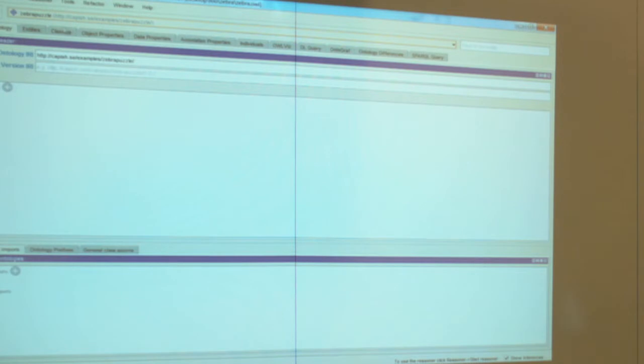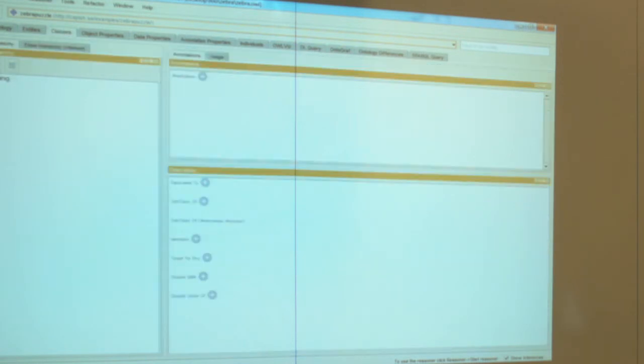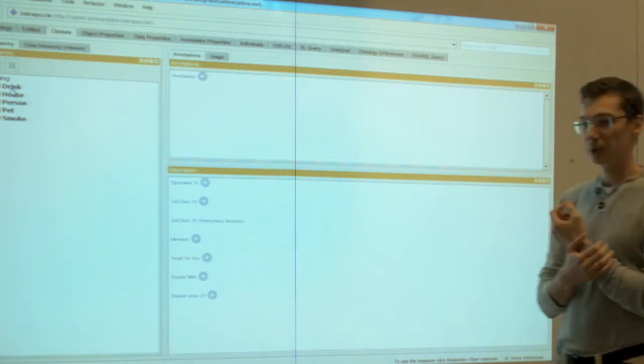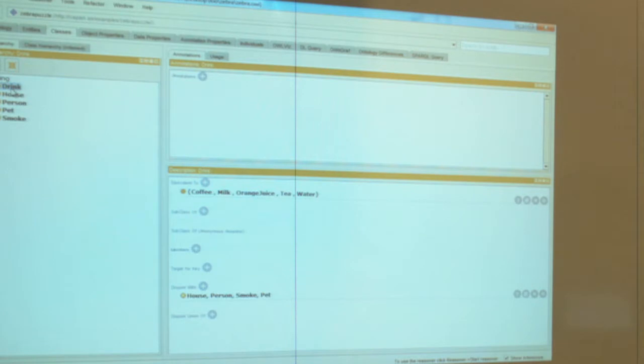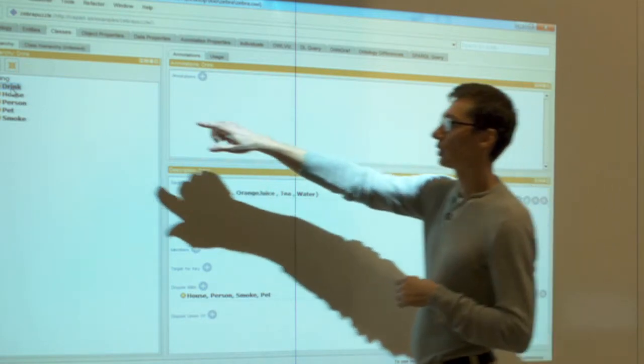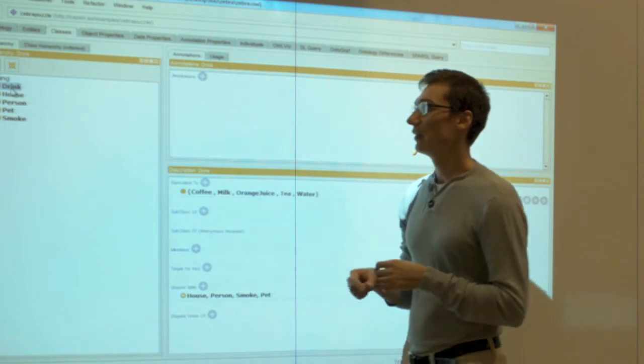Okay. So one usually begins with classes. The top class in OWL is called owl:Thing, and everything there is a subclass of owl:Thing. Then we have some key concepts: drink, house, person, pet, and smoke. We create those. Then we say, and this may be obvious for a human or for a programmer who develops in object-oriented languages, but it's by far not taken for granted in OWL, that these classes are distinct, that they have no overlap.